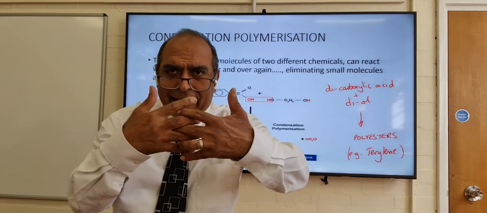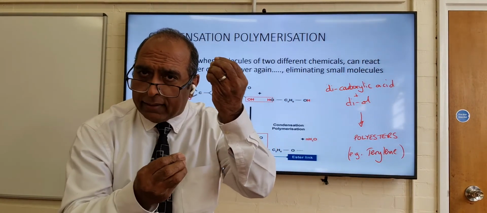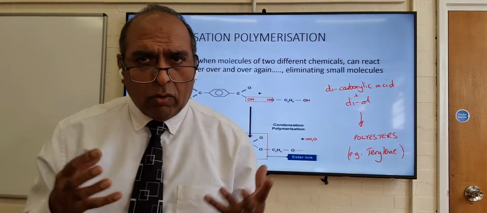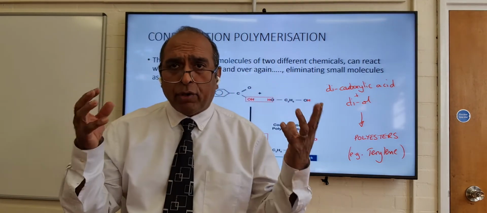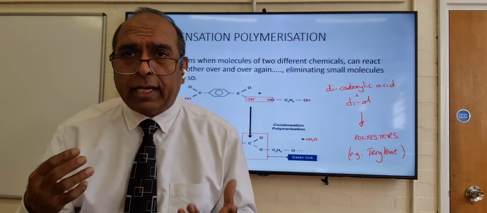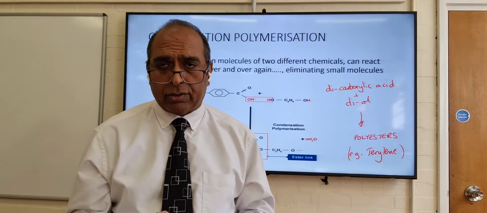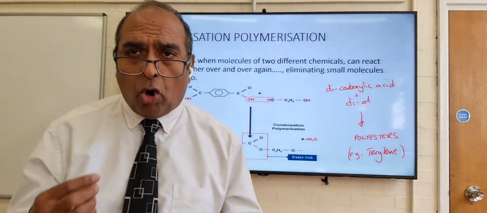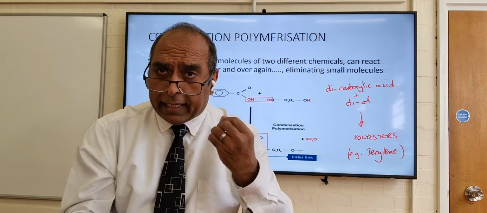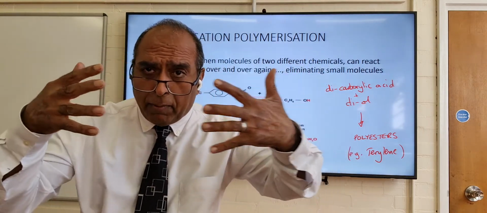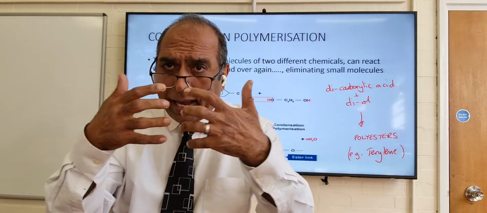So adding followed by ejecting, that whole terminology we use for that process is condensation reactions. So condensation reactions, all of them involve two molecules reacting, kicking out a small molecule. They kick out a small molecule because that's the reaction.